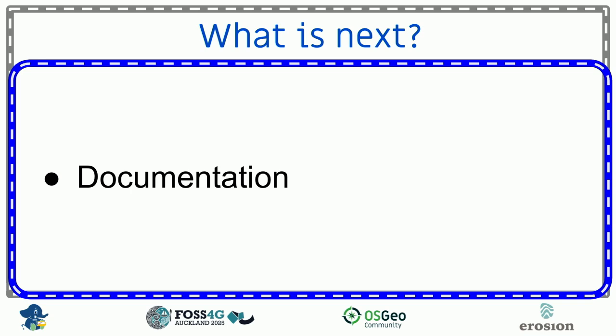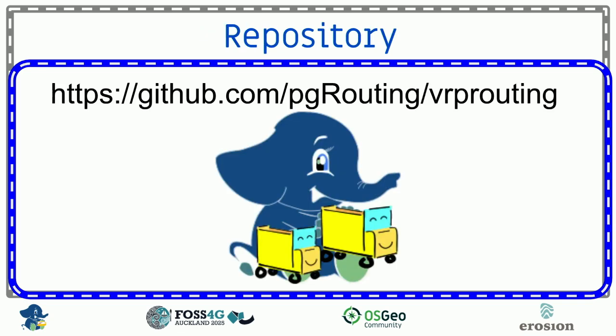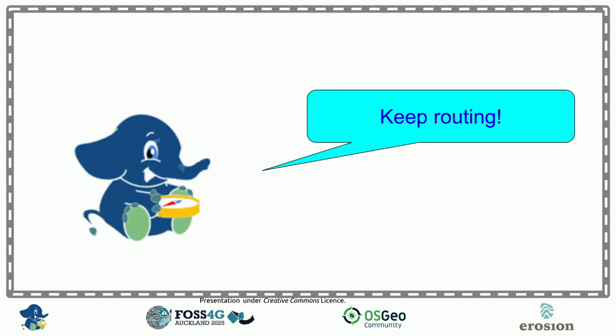So that is what is next in this vrpRouting. Which is a fantastic way to learn the library, because you're going to build the documentation. You can download from the repository, which is on GitHub, in the pgRouting organization. And please keep routing.